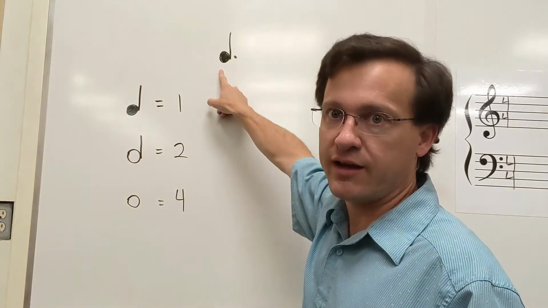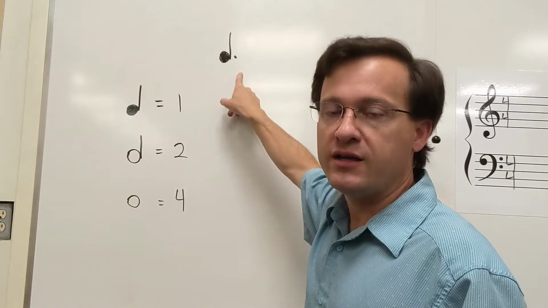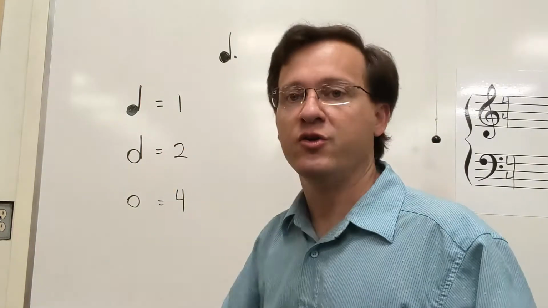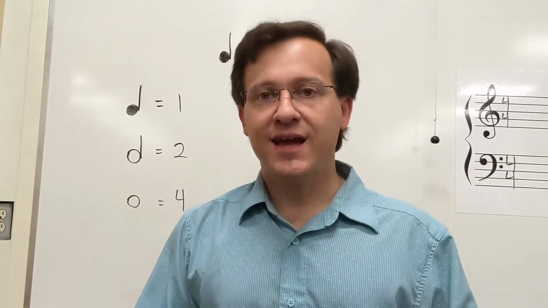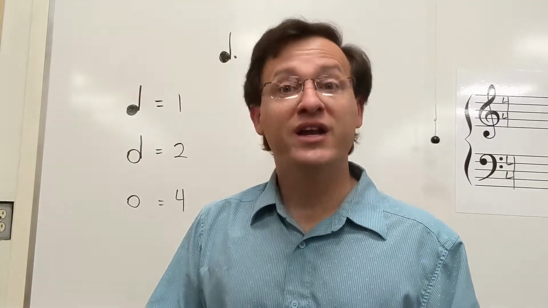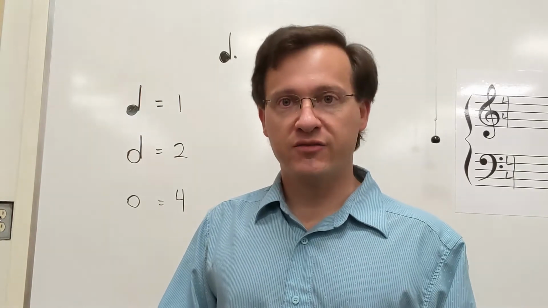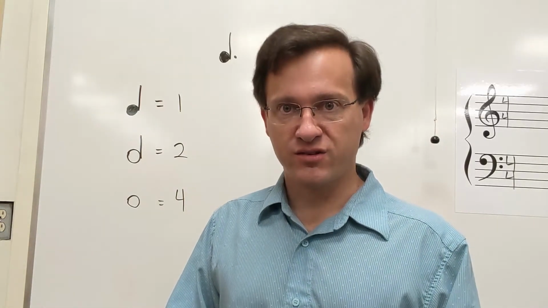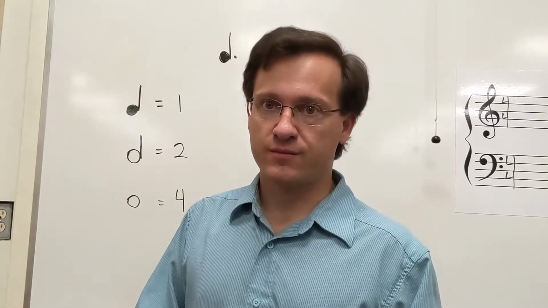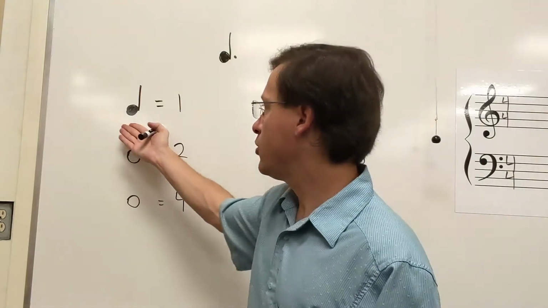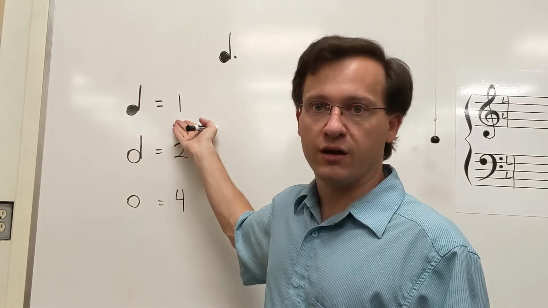Those are different. If you see a dot right here, it changes the rhythmic value of the note. What it does is it adds half the value of whatever the note was. In other words, you multiply the length of the note by 1.5, and that tells you your new length. So, for example, quarter notes were 1 beat long.